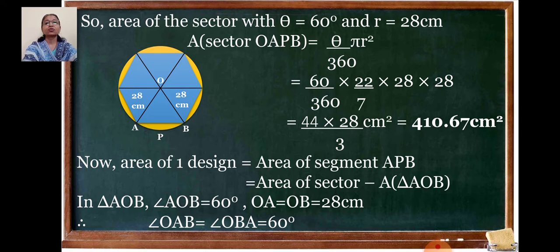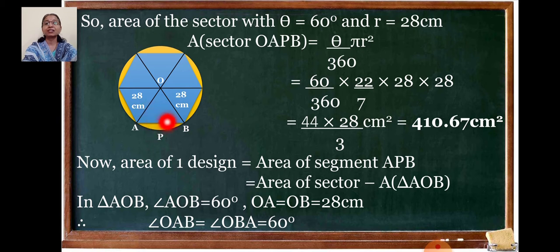Right. So in triangle OAB, angle AOB is 60 degree because it's a central angle, and OA is equal to OB. Why? What is the reason? OA is equal to OB because they are radii of the same circle. So this is an isosceles triangle.